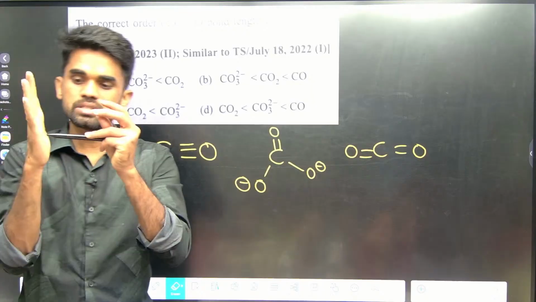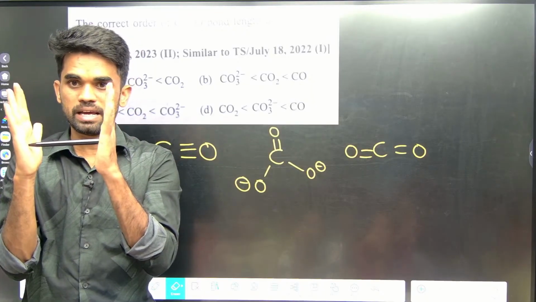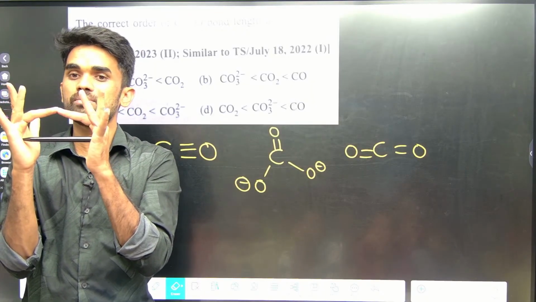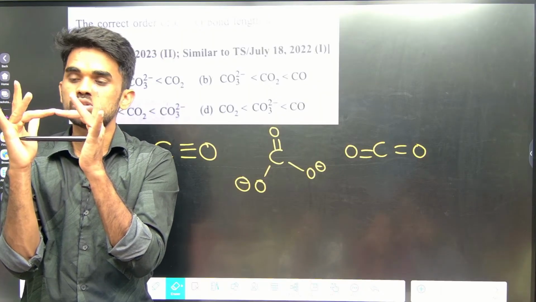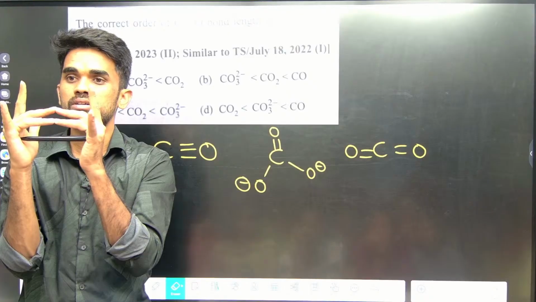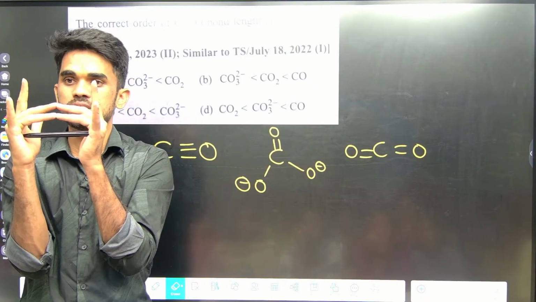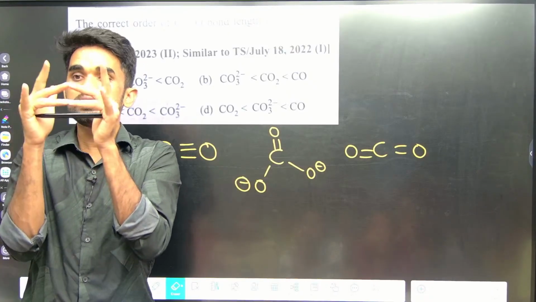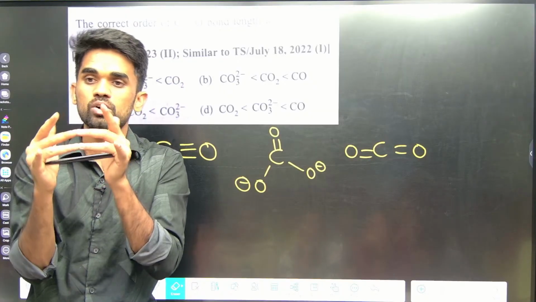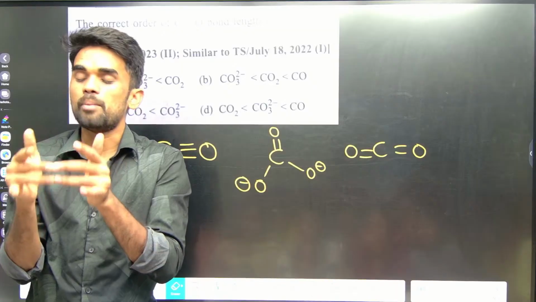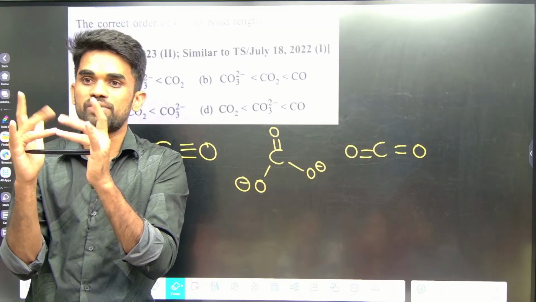Between two atoms, if one single bond is there, it will be like this. If two bonds are there, the atoms come closer. If one more bond forms, they come even closer. So as the number of bonds increases, bond length decreases. Bond order and bond length are inversely proportional. Bond order means the number of bonds between two atoms.